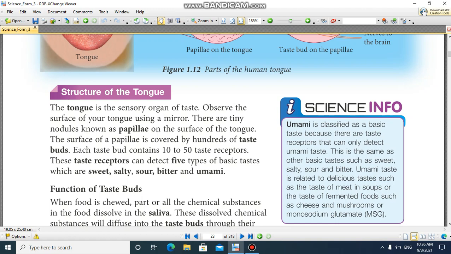This is the same as other basic tastes such as sweet, salty, sour, and bitter. Umami taste is related to delicious taste, such as the taste of meat in soup or the taste of fermented food such as cheese and mushroom or monosodium glutamate (MSG).